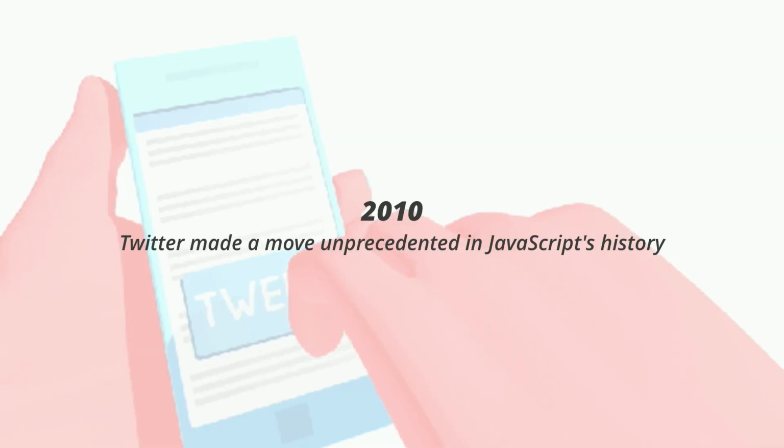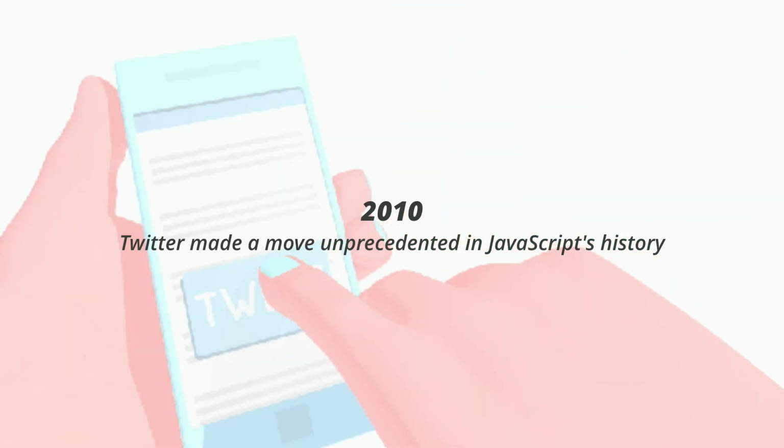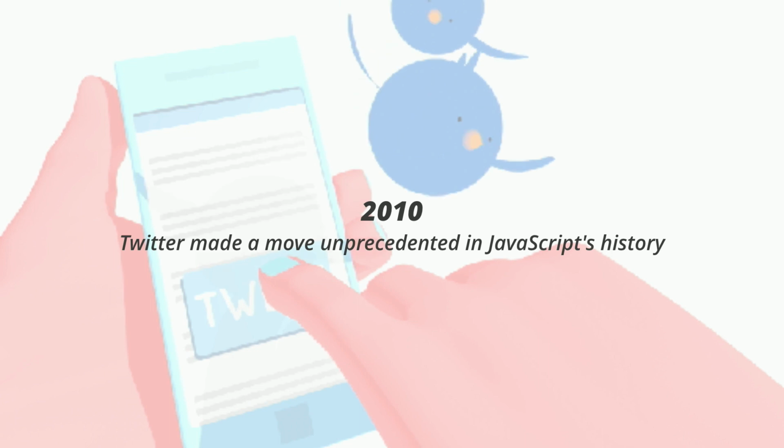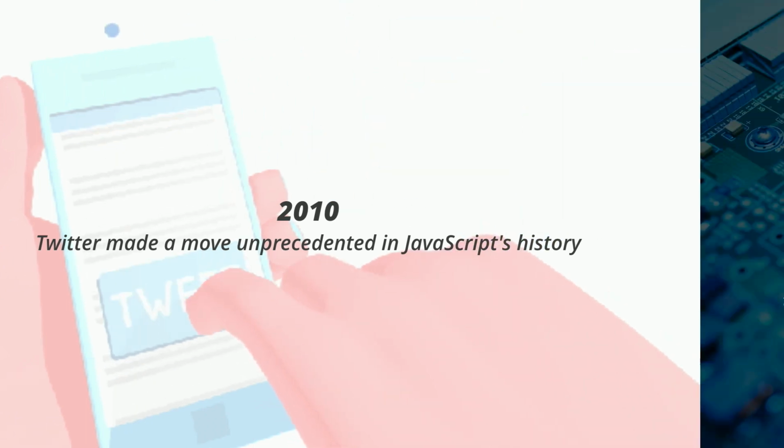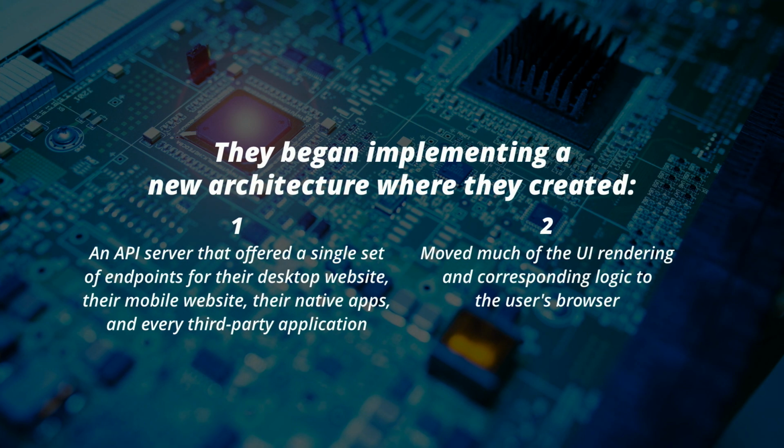In 2010, Twitter made an interesting move. They decided to re-architect their application to be more of an API server. All of the different clients, whether a website, a mobile application, or some other desktop tool, were going to talk to a single API server.